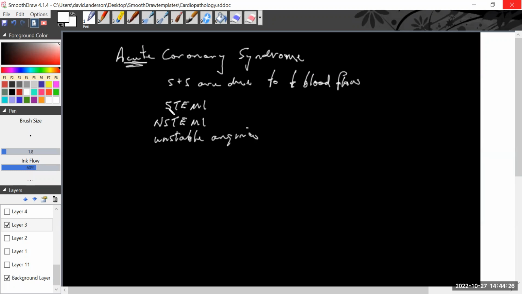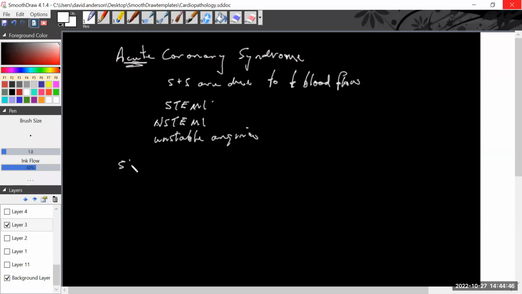So what we're talking about here is ST, that ST wave I talked about, elevated myocardial infarction, non-ST elevated myocardial infarction, and unstable angina. So those are the conditions that we're talking about when we talk about acute coronary syndromes.